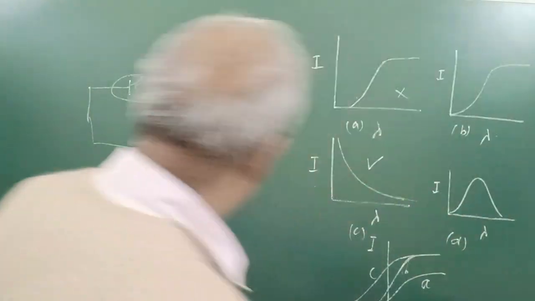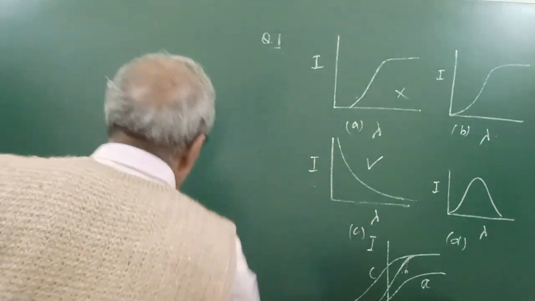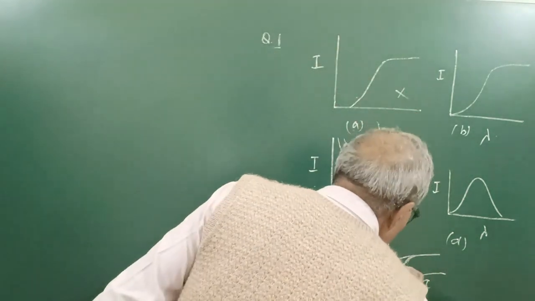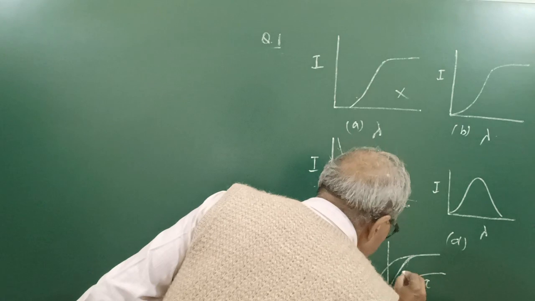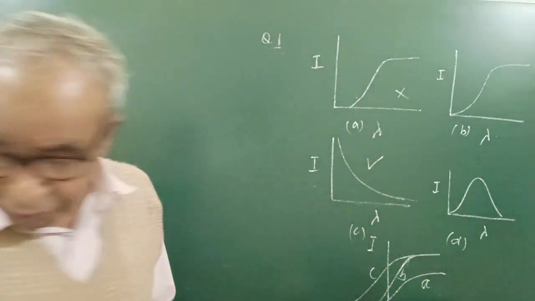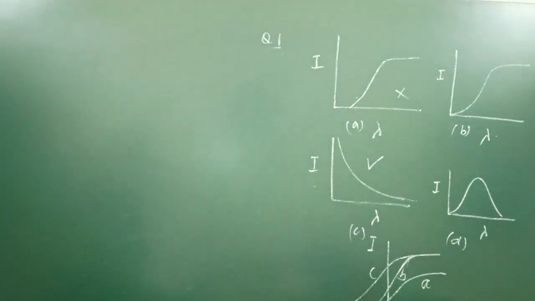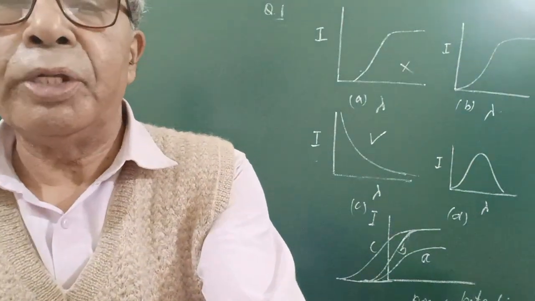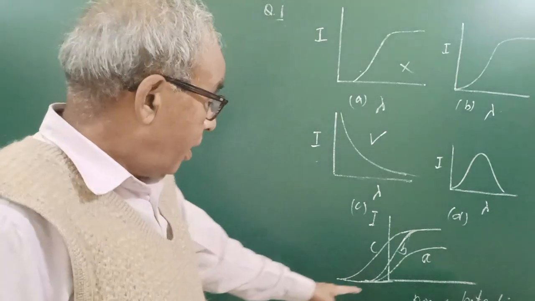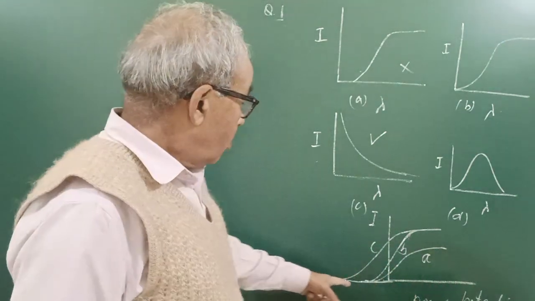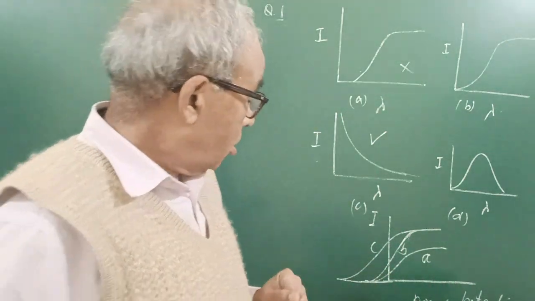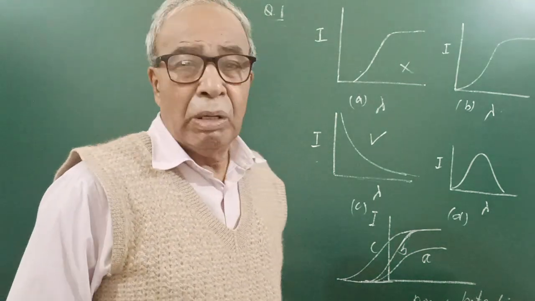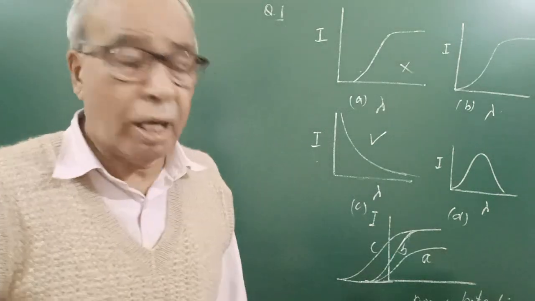Now there is another question here. Options are not written here. These A, B, C are radiations. Here in this figure, is this visible or not? Yes. Anode potential, photoelectric current. For 3 radiations are shown.